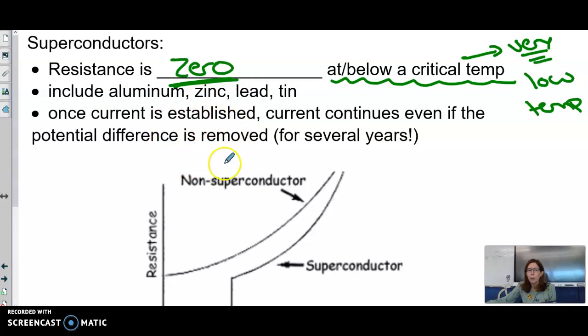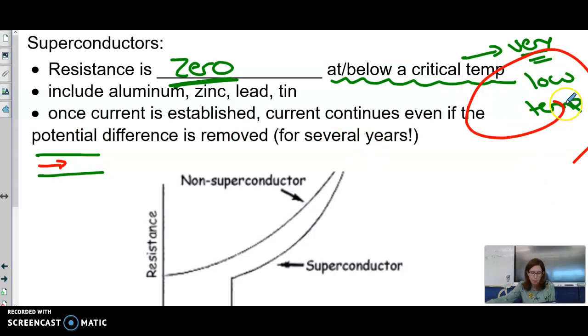And the reason that these are important to us is once a current is established, if there's no resistance, it's like Newton's first law. If there's nothing to force something to stop, it'll just keep going. So if there is no resistance inside the wire at all, once those electrons are made to go, there is literally nothing stopping them. They will go forever. And a constant current without any battery or power supply is really intriguing to us. But again, this only works at very low temperatures.